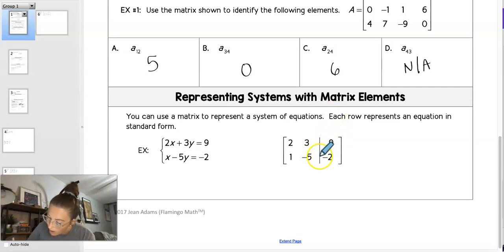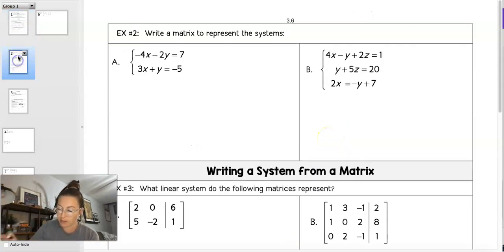So this bar is like the equal sign. This side is answers, this side are the coefficients in front of your variables. We do need to be careful that x's are together, y's are together. So these are my x coefficients, my y coefficients. Hopefully that makes sense how I get this to this or this to this.